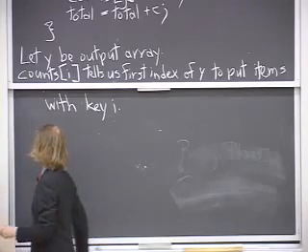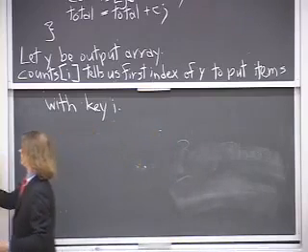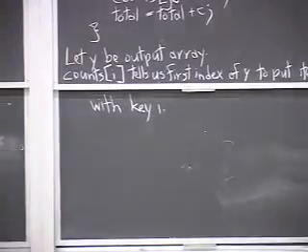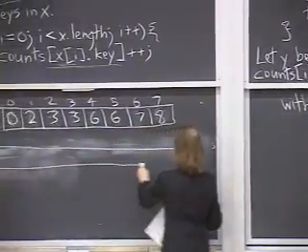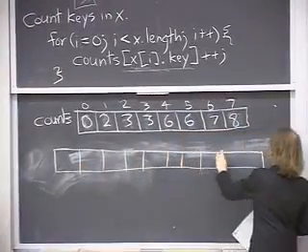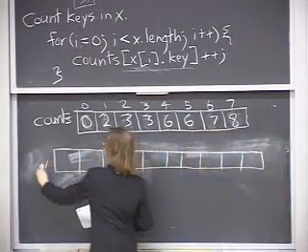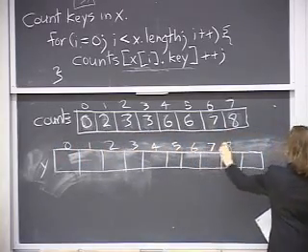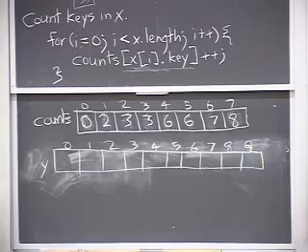So here's how that works. Here's the output array Y. Start at the beginning of X and move left to right through the input array.